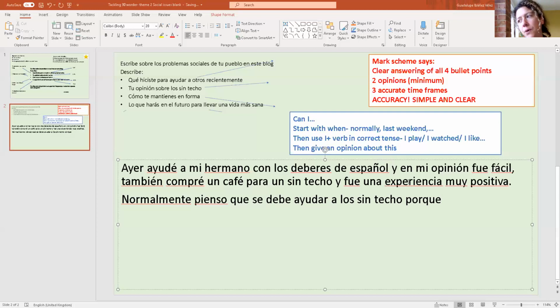Right. So porque. Why do they need help? Because they don't have a house, they don't have food, they don't have money. So could we use that? They don't have. So no tiene would be he or she has. Because it's they, we just add an N at the end. No tienen casa. Now, can you remember what we do?